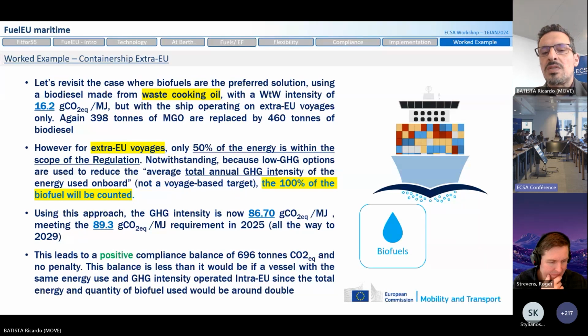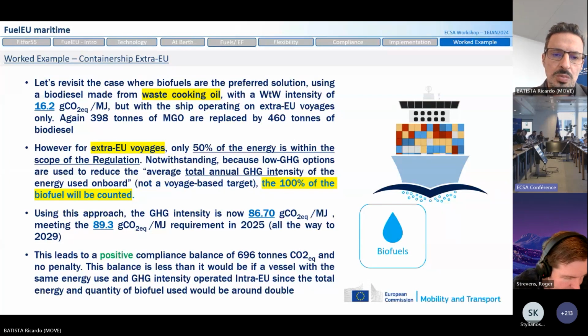So at the end of the day, doing the calculations at the end of the year, we put on one side the energy that is in the scope, we put on the other side the fuel that is used on board the ship, and we can pick exactly the renewable and low carbon fuels used to meet the energy that is in the scope of the regulation.